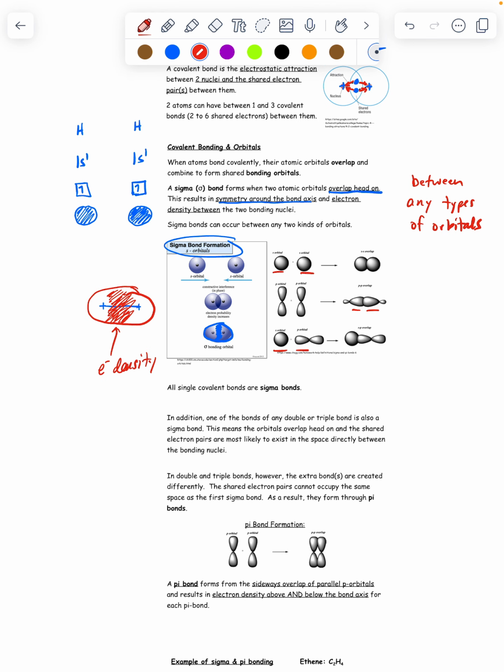And so we've got these orbitals merging together to create the sigma bond here, the merged orbital. And if you thought of it as a box, then the two electrons that we had here have now created that nice shared pair and that full first energy level. But really, for you, you need to know the definition of a sigma bond, head-on or axial overlap, and electron density between the two nuclei. They can happen between all types of orbitals.